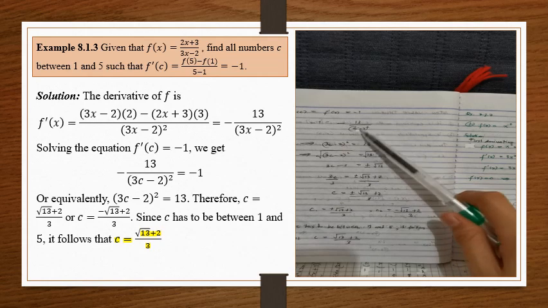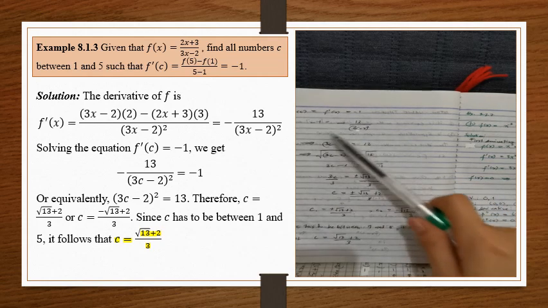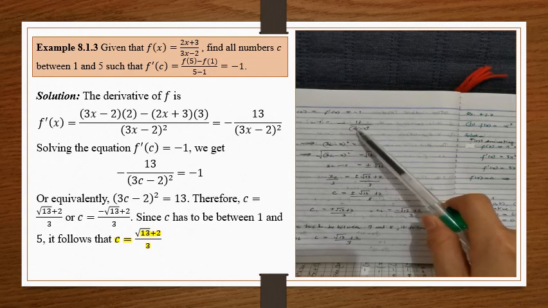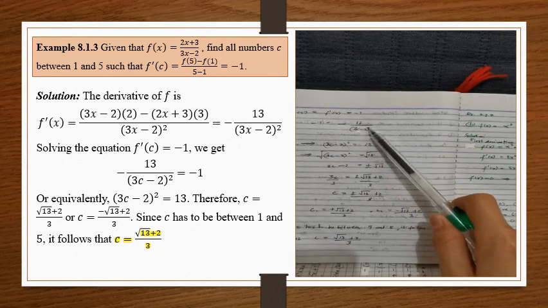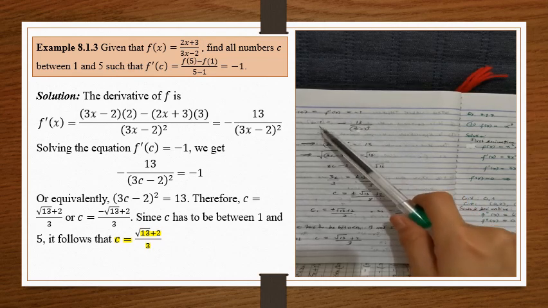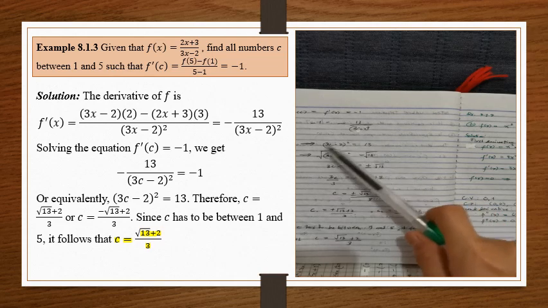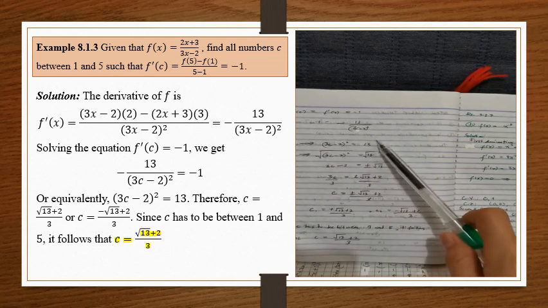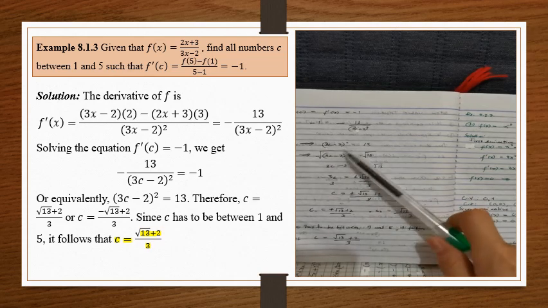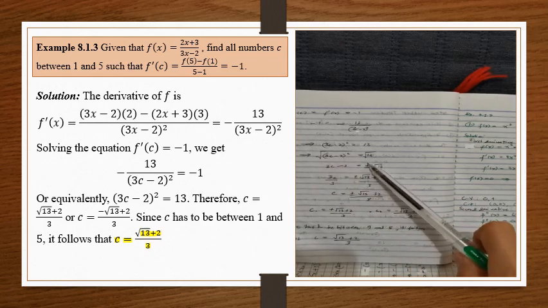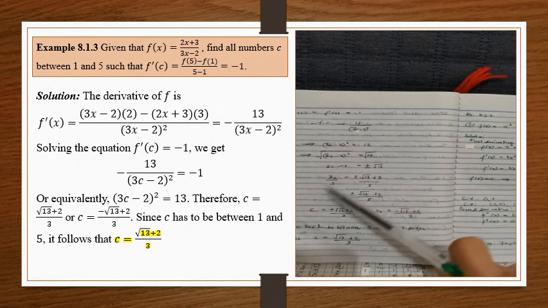So, solving for the value of c, we cross multiply. So, we have negative 1 times 3c minus 2 quantity squared is the negative 13. Since there is a negative here, negative divided by negative becomes positive. So, we have 3c minus 2 quantity squared is equal to 13. So, taking the square root of both sides, we have 3c minus 2 is equal to positive and negative square root of 13.